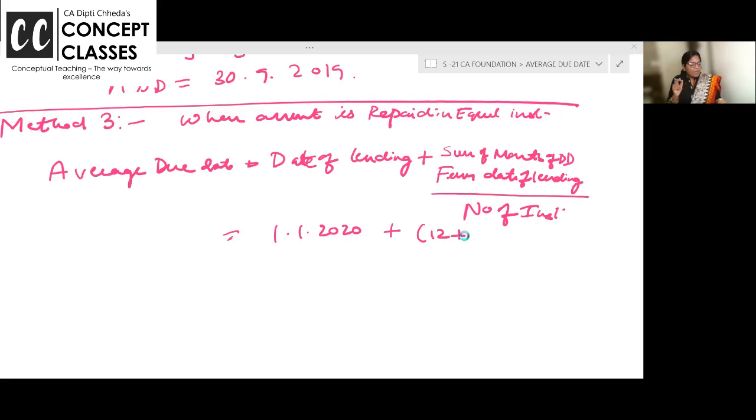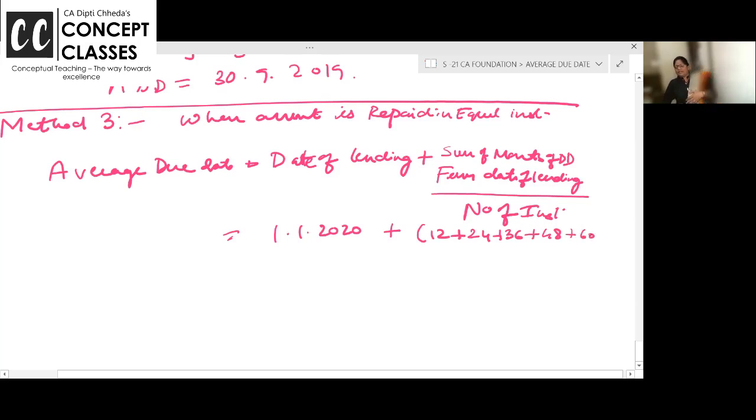Read. 10,000 on 1st January is repayable in 5 equal installments, annually. So after 12 months, then after 24 months, then 36, then 48 months, and then 60 months.